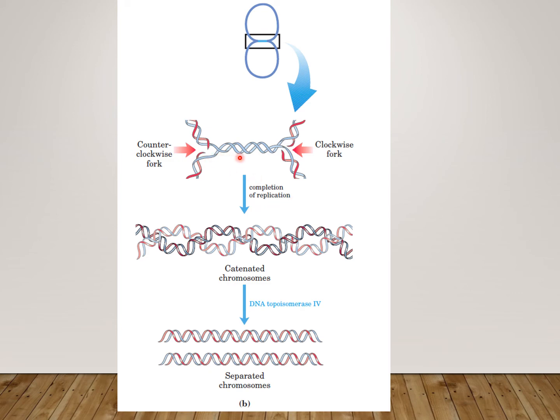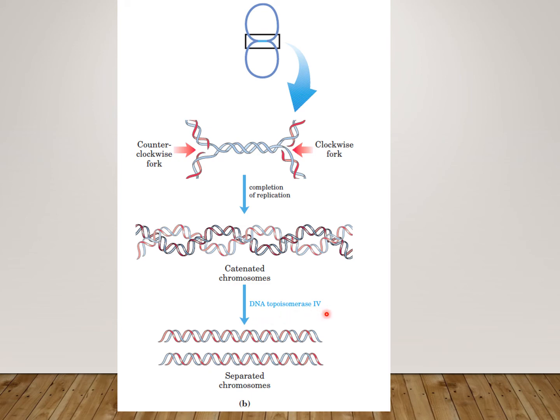So whatever DNA is synthesized over here is actually present in an entangled form. It is replicated, but the DNA is in entangled form, which is called catenated chromosomes.